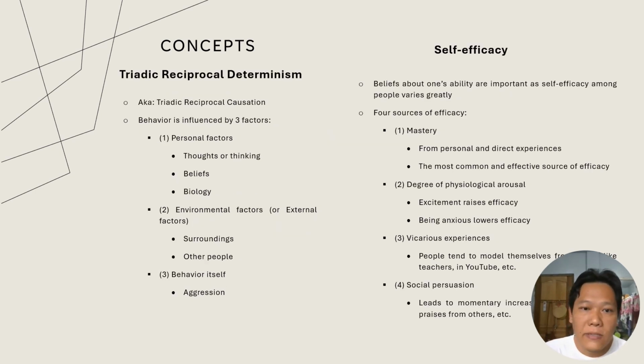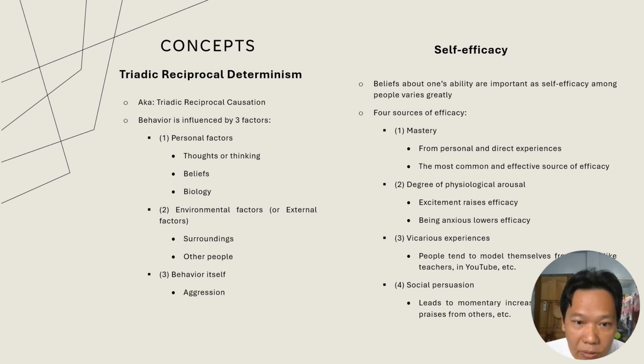So there's what you call triadic reciprocal determinism. This is also called your triadic reciprocal causation. So behavior is influenced by three factors: the personal factors, the environment factors, or we call it sometimes external factors, and then the behavior itself.